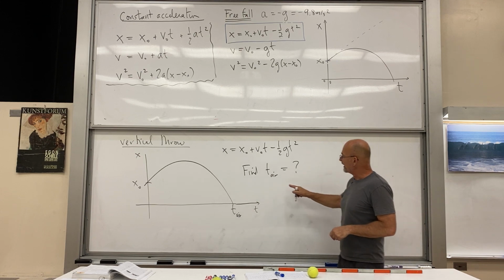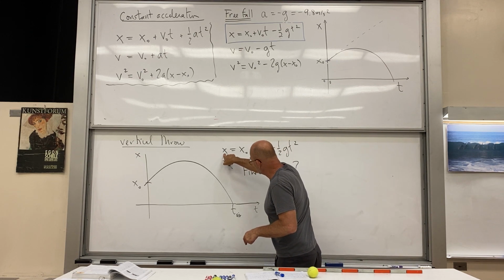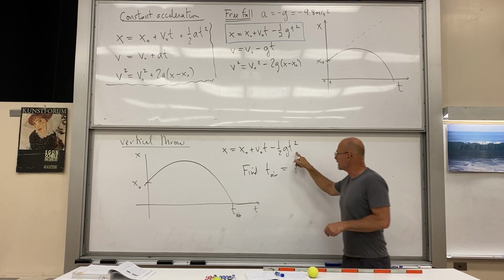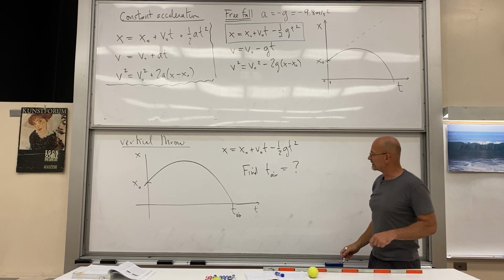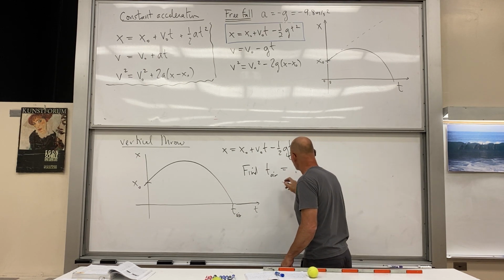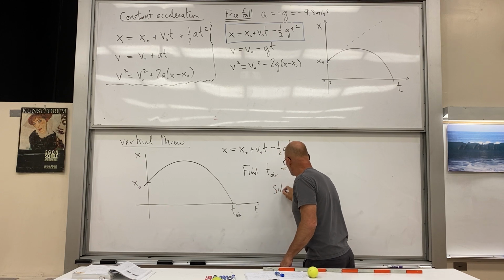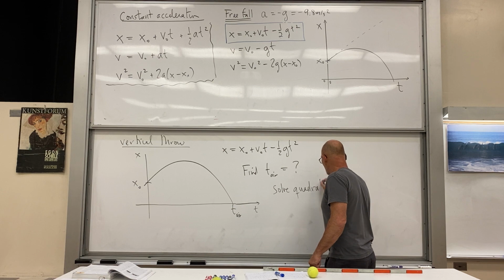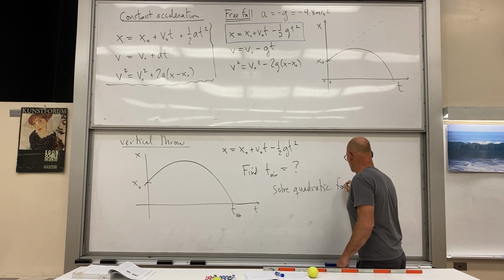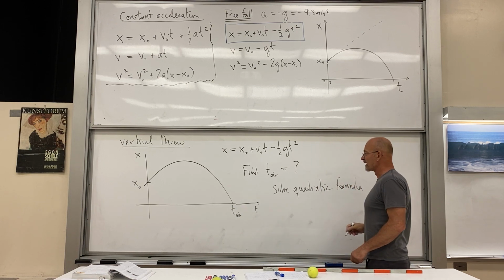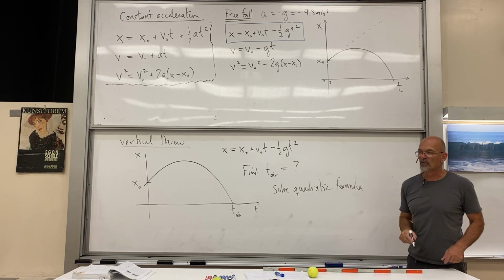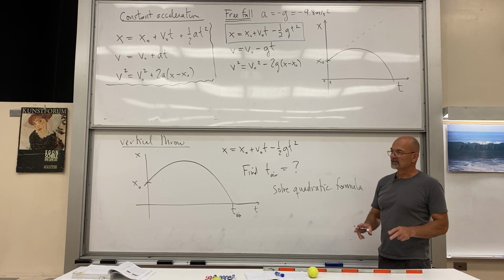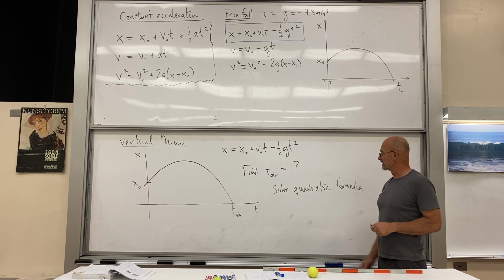Well, then you're going to take this formula, plug in 0, and you have to solve a quadratic equation. Okay, that's no fun. I usually don't do that on in-class exams because we don't have time, and I probably won't do it for our online quizzes.